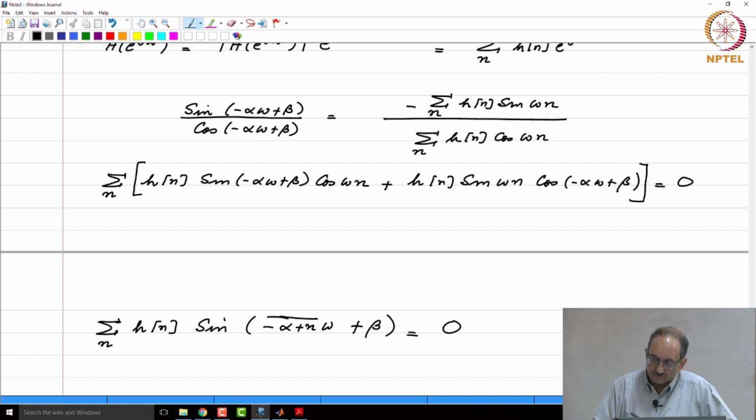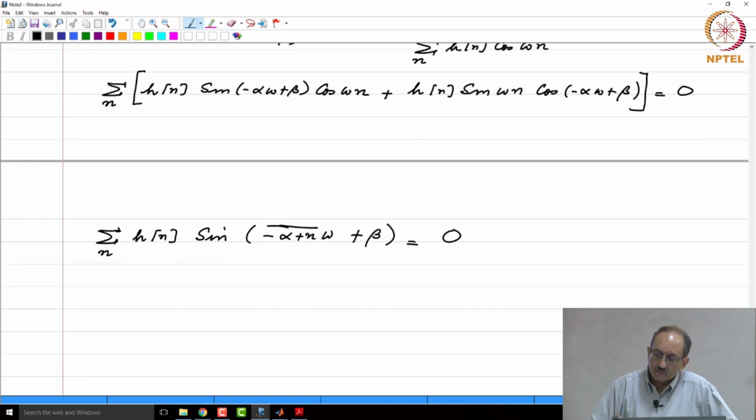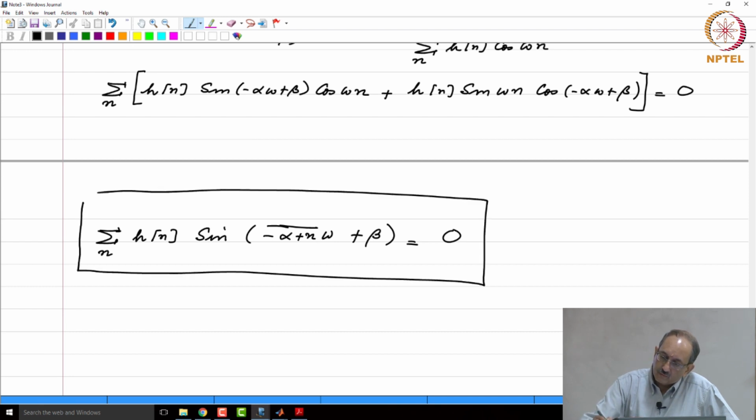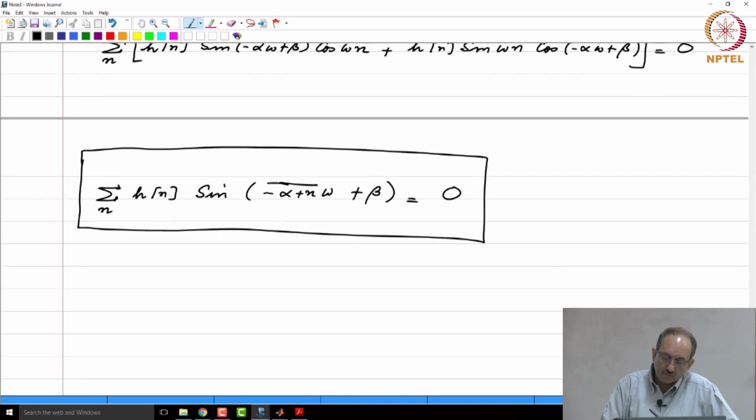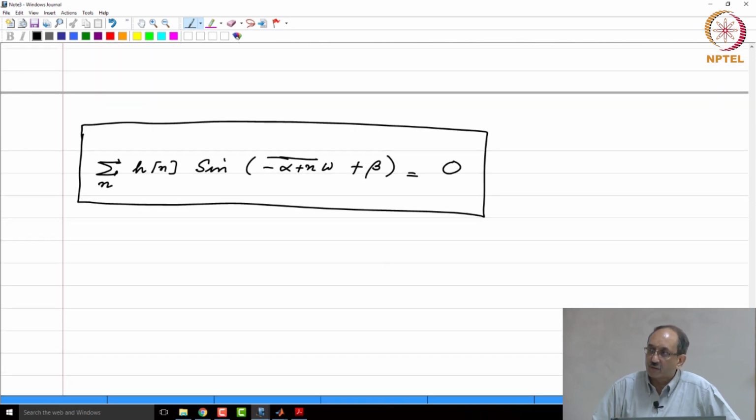Yeah, now this is okay. So, if the system is to have linear phase, then this equation must be satisfied, because we start off with linear phase and have arrived at this condition.